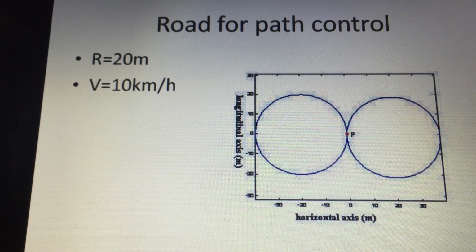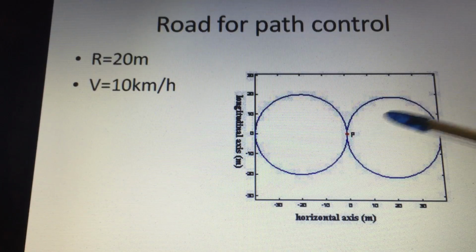These simulations will test the performance on the fixed road and the performance when the vehicle passes through the point P.